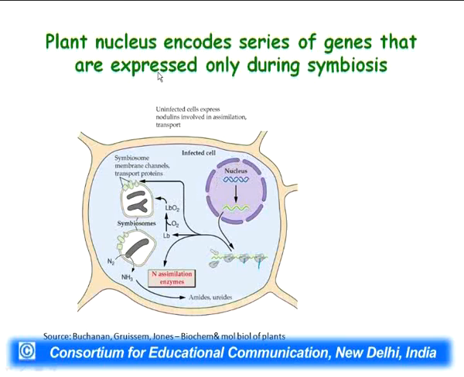This plant nucleus encodes a series of genes that are expressed only during symbiosis, and these are used for transportation of carbon, transportation of nitrogen, and ammonia assimilation.